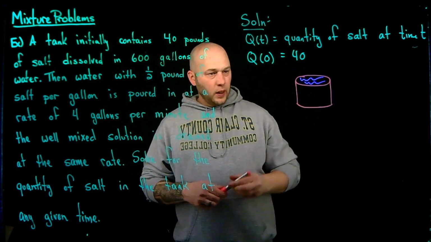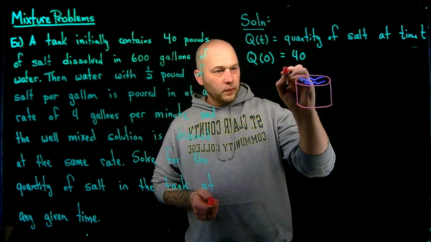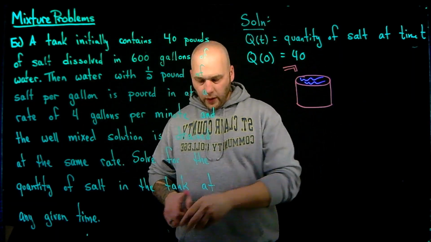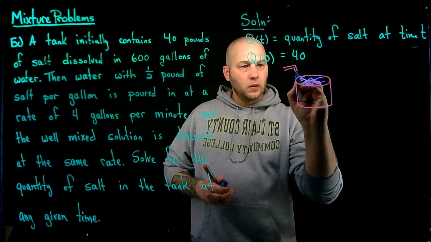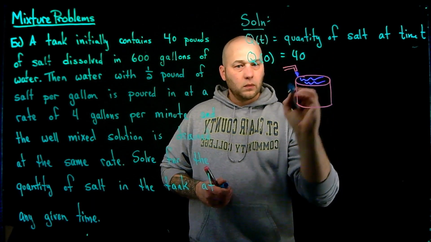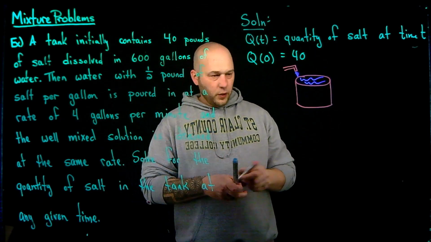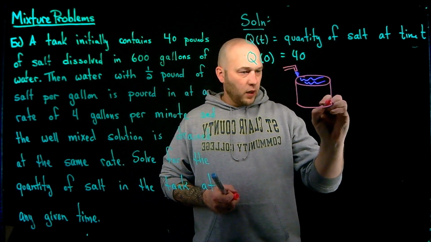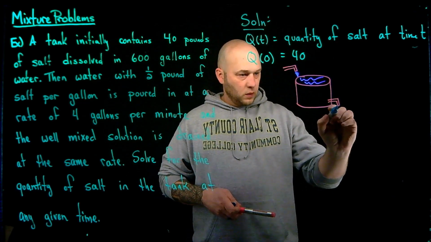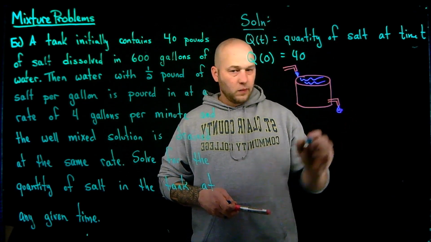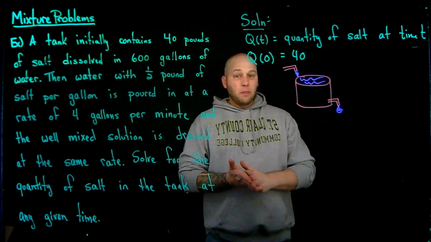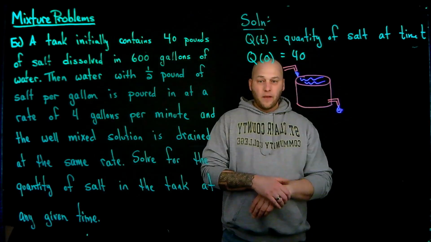And what we're doing is pouring in water at a certain rate, and then we are also draining water at the same rate. And we want to model how much salt is in this tank for any time.